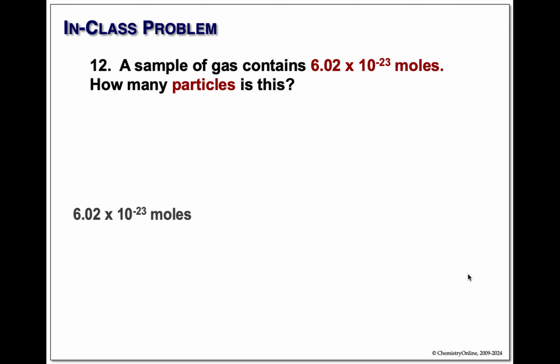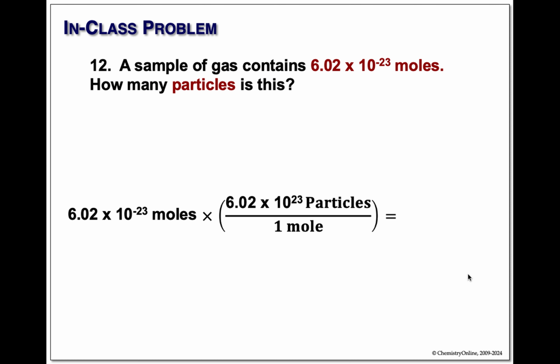So we start with the given, put in our ratio, moles cancel, 10 to the minus 23 and 10 to the 23, well that's 1. And 6 times 6 is 36. 36.2, but 36. I was stuck on that for 10 minutes.